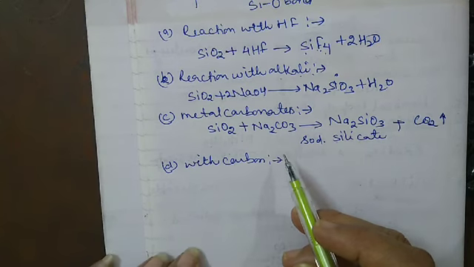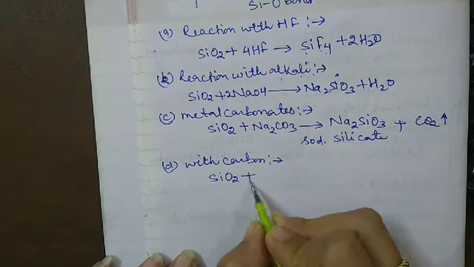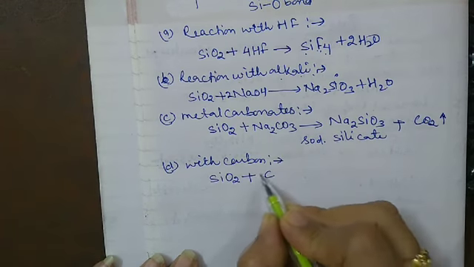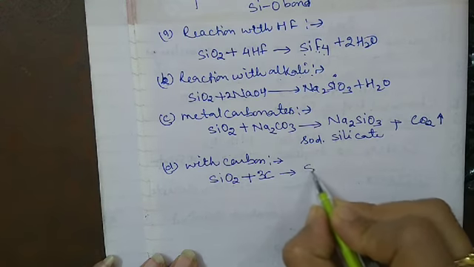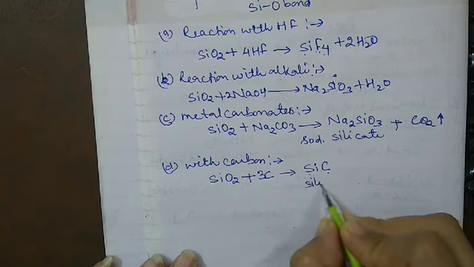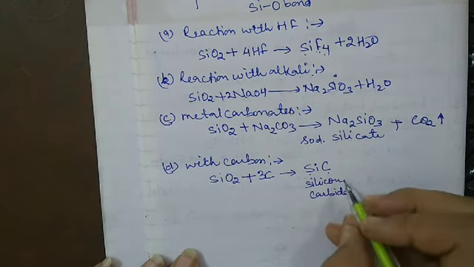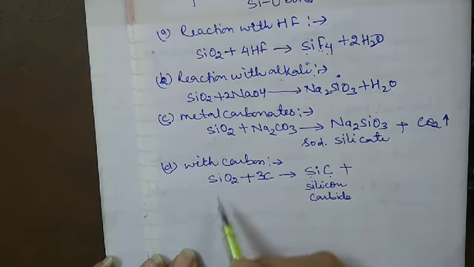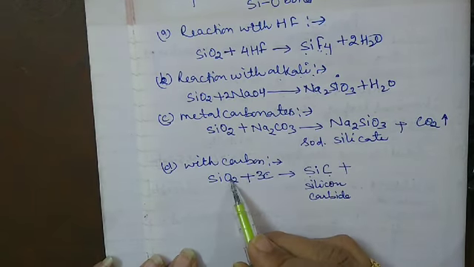The formula for the silicon carbide is SiC, and what is left is carbon and oxygen, so 2CO, that is carbon monoxide.